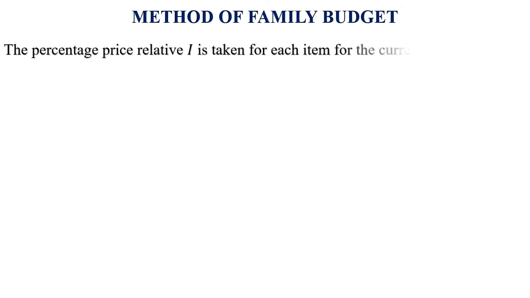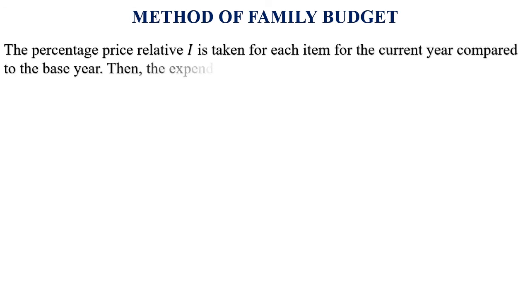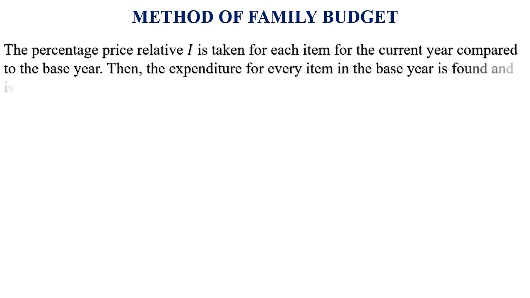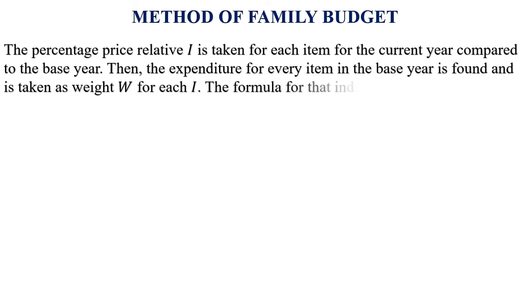Method of family budget. Okay, now this is a different method. The percentage price relative, that is I, is taken for each item for the current year compared to the base year. Then the expenditure for every item in the base year is found and is taken as weight W for each index number. The formula for that index number is, now looking at this I and W, I think you can guess what could be the formula.